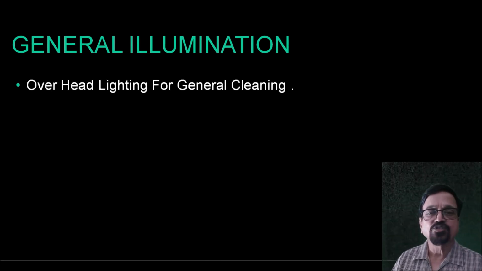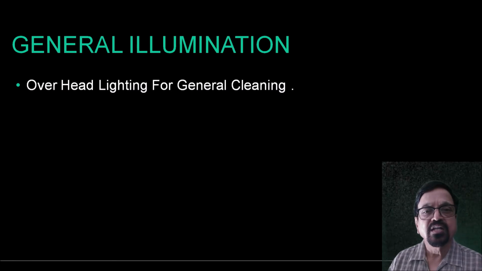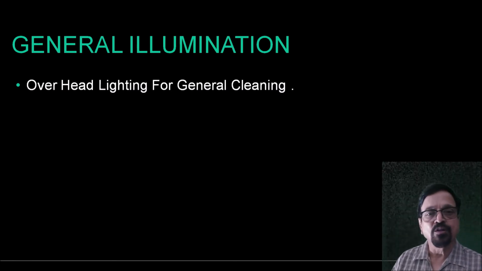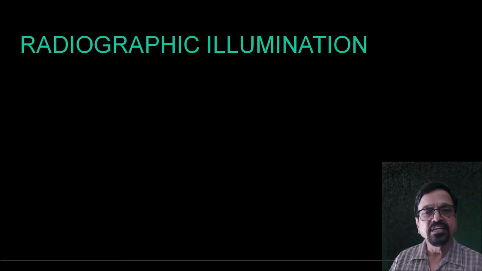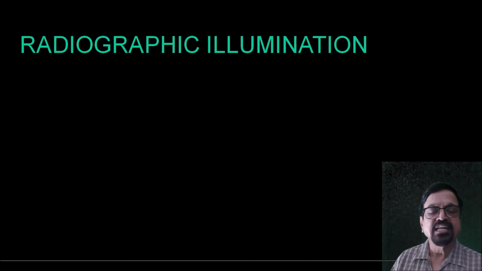Then there has to be a general illumination also, not for when we are working in the darkroom developing the film, but the overhead light is required for general maintenance and cleaning. The darkroom, when not in use, needs to be cleaned, especially for the spillage of water, spillage of chemicals.